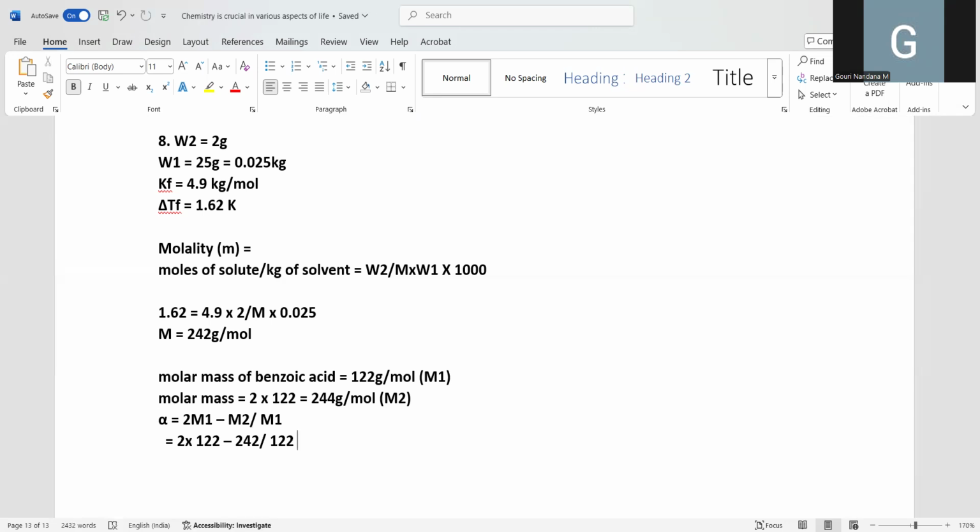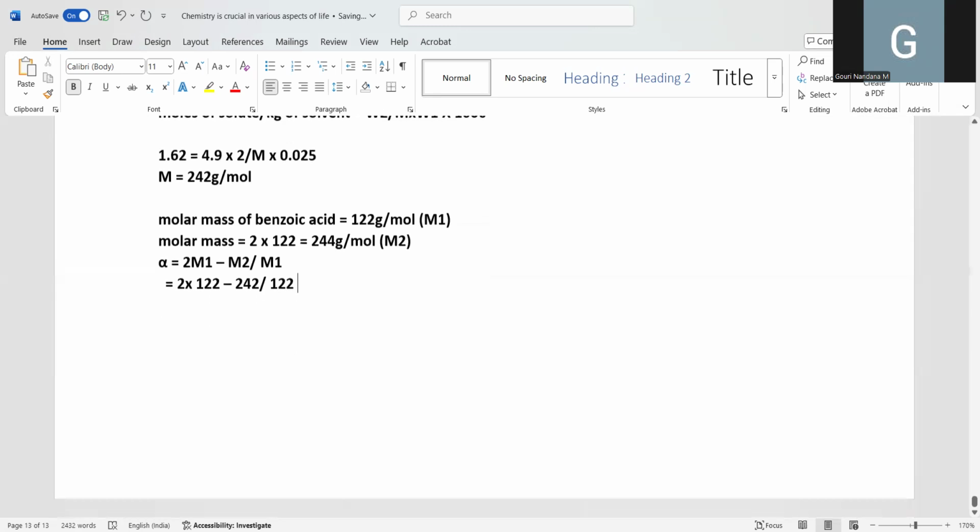So when you solve it, you will get an answer, and that would be around 0.8, 8%.